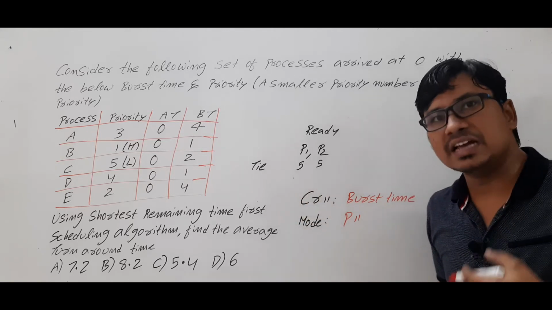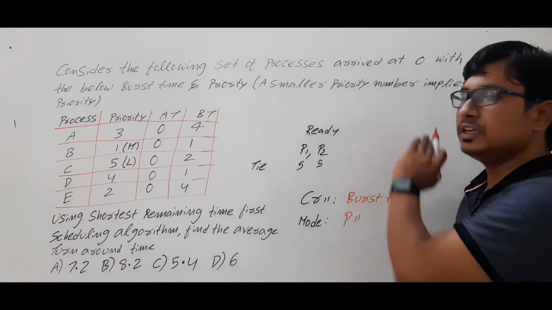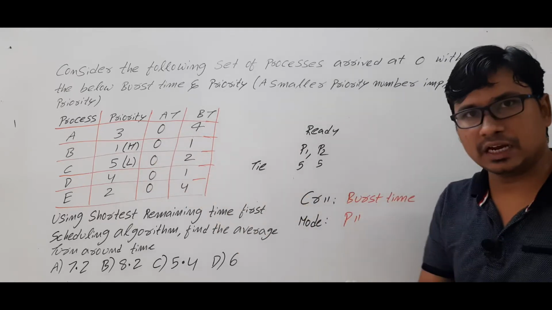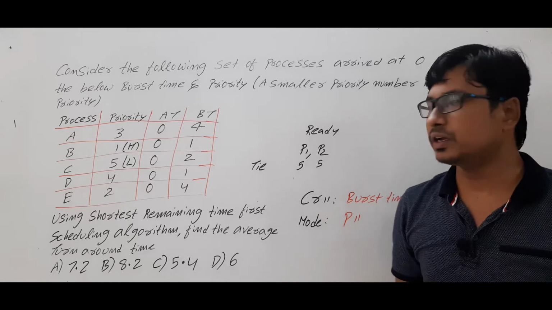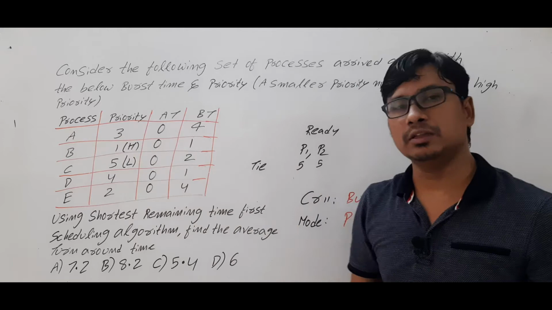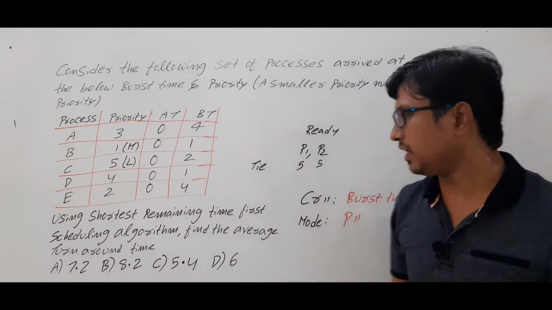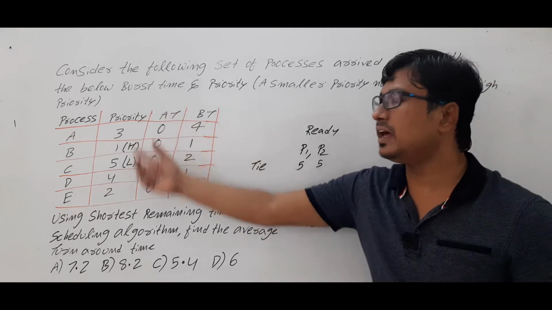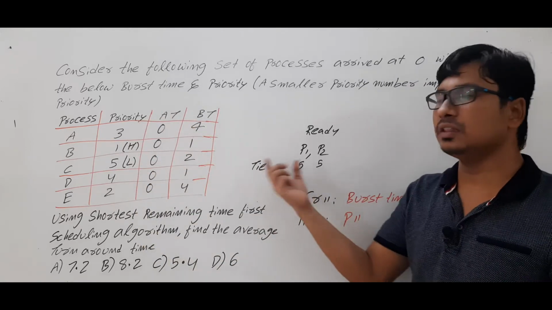The process which has arrived first will be scheduled to the running state. But here all the 5 processes have arrived at the same unit of time. Then what do we need to look at? Then we need to look at the priority. The process which has the highest priority will be dispatched to the running state. So the priority will help you in tie breaking.